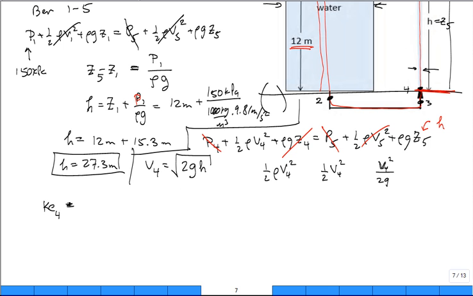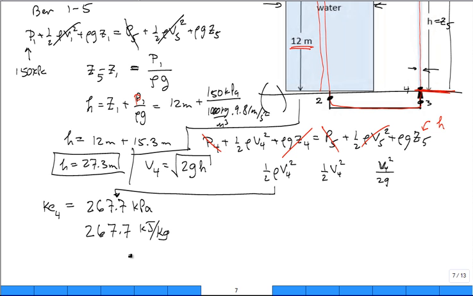So if you go ahead and calculate this kinetic energy at 4, you'll find that it's 267.7 kilopascals. That's this first one. It's also, I know I need to divide by rho, but it's also 267, so many kilojoules per kilogram, and hold on, I needed to divide.